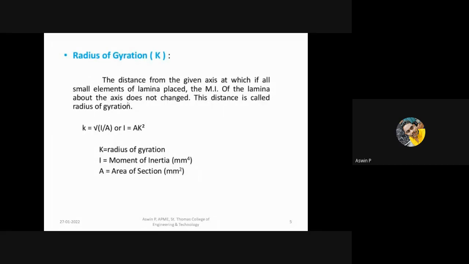Okay, and the equation for radius of gyration is root I by A, or I can be written as I is equal to A into K square. This is a common equation. You can understand it very easily.